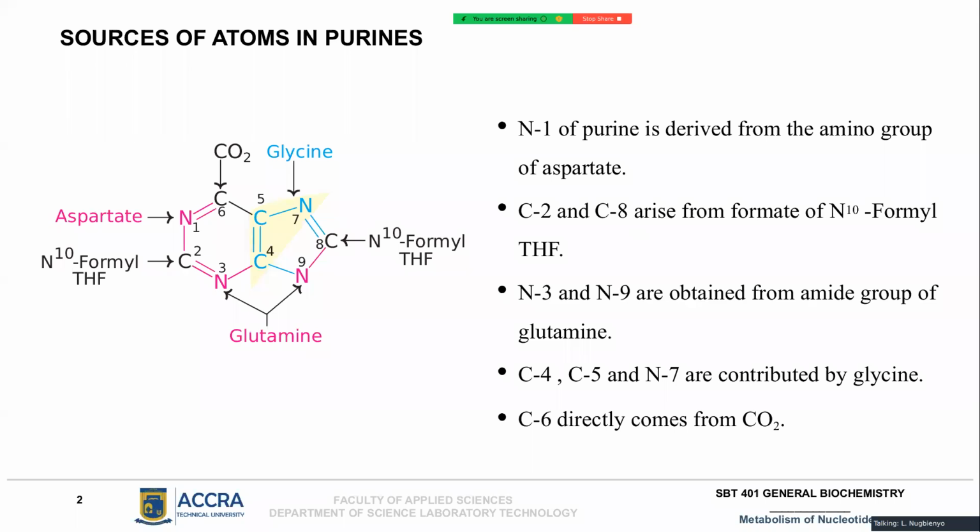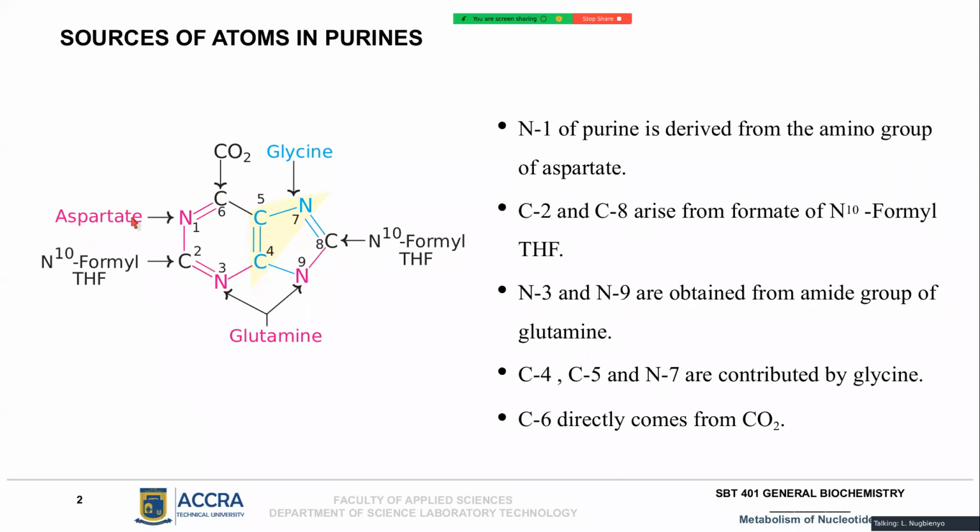So what we are looking at currently is the sources of the various atoms that are present in the purine rings. So we see, for instance, N1, this nitrogen, and this whole portion, the double bond, the single bond, all of this side comes from aspartic acid or aspartate.